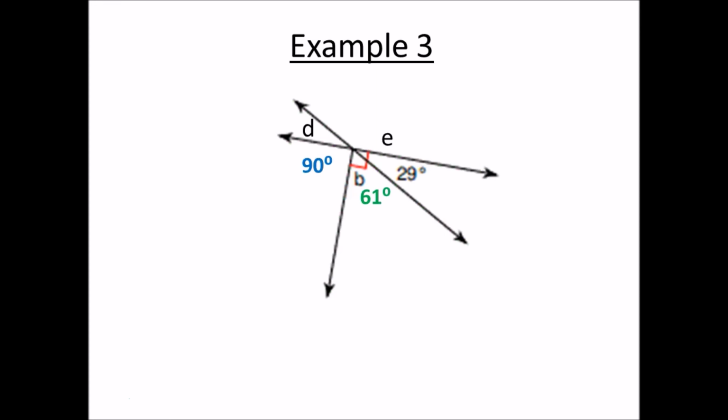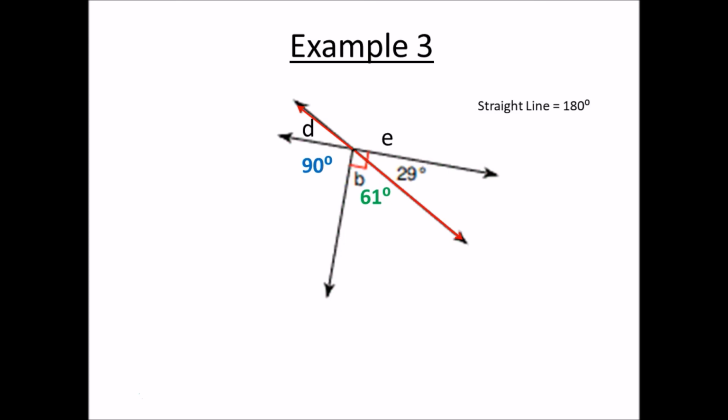Now let's move on to find angle D. So angle D, what piece do we know? Well, I know that this is a straight line right there, and a straight line tells me it's 180 degrees. I also know that angle B is equal to 61 degrees. Angle C, which we just found, is equal to 90 degrees.